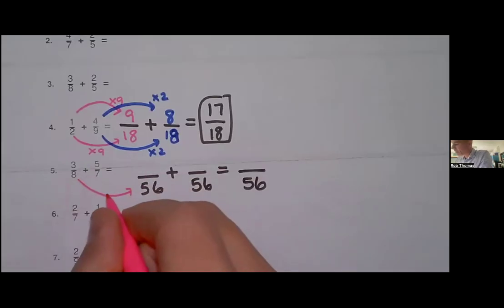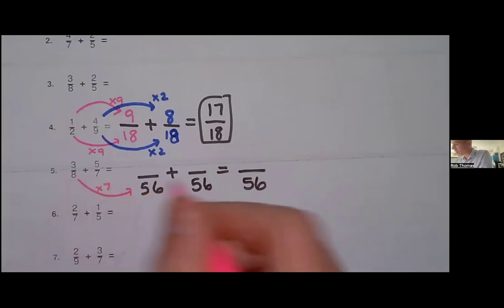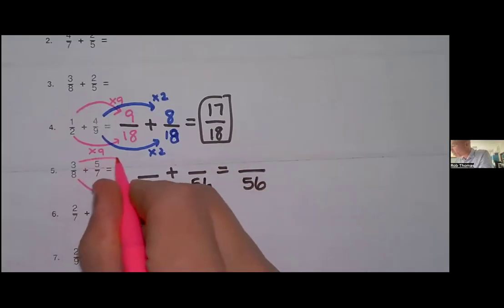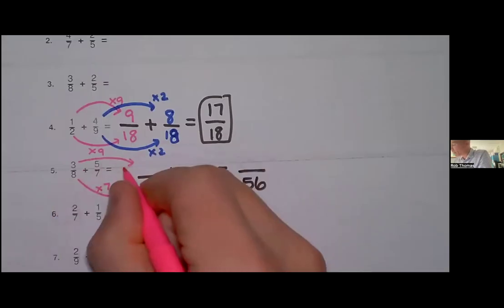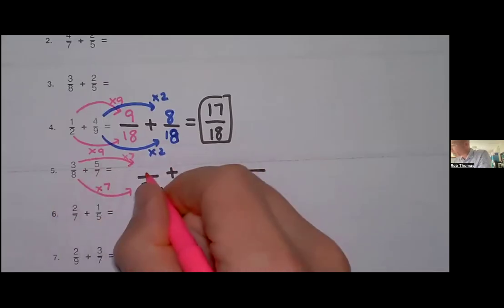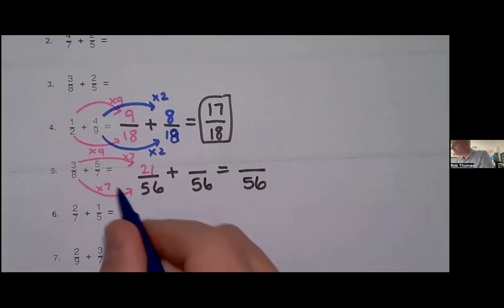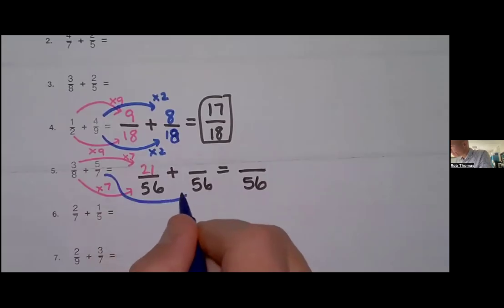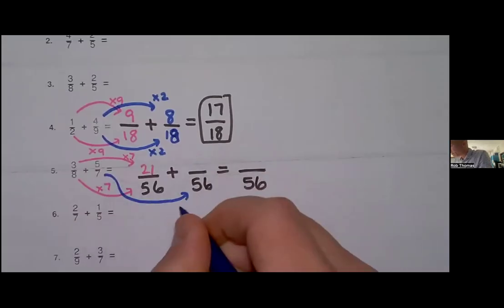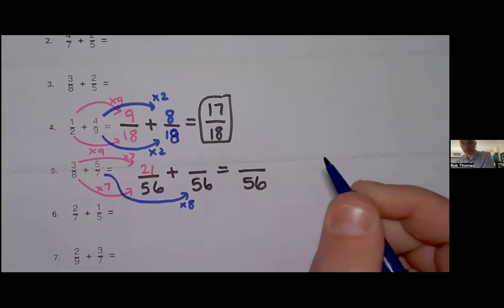Well, 8 times 7 is 56. So on the top, I'm going to go 3 times 7 is 21. And then for the second fraction, do a little squiggly arrow here. 7 times 8 is 56.